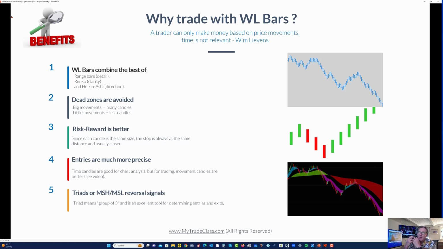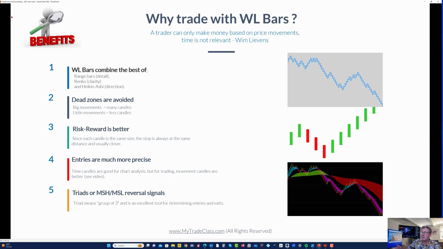And so movement or volatility is a lot better presented by movement bars, and I believe my WL bars, than it is in time or any other way. The risk reward is better, and I'll show this to you later. That is when we talk about the Triad principle. You will see the entries are more precise and the risk reward is substantially better. The Triad I will show later.